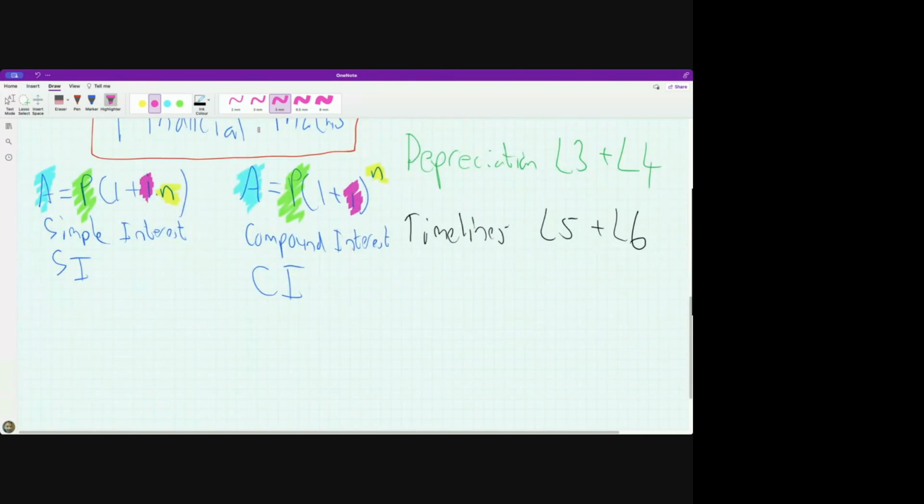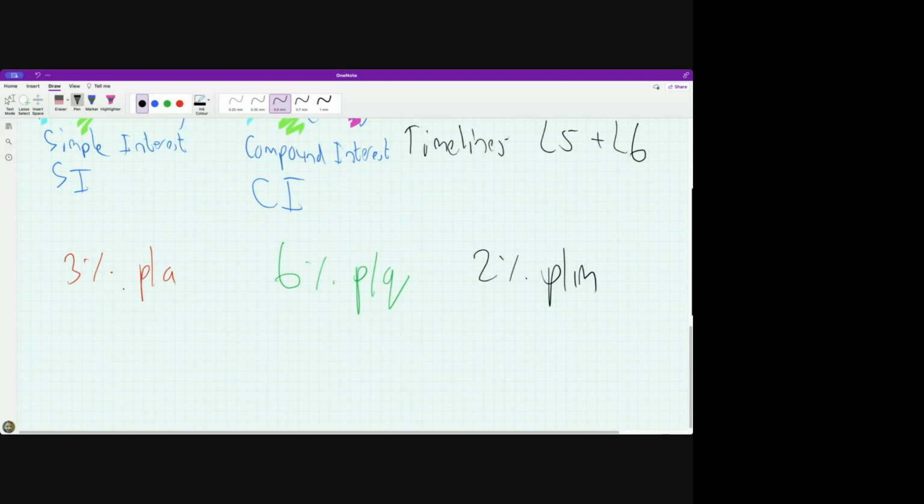Sometimes we might see something like 3% per annum, which is an interest rate per year, but you can also have 6% per quarter, or maybe something like 2% per month. So interest rates can go with different time periods. Give me a thumbs up if that idea makes sense a little bit. I'll even show it to you.